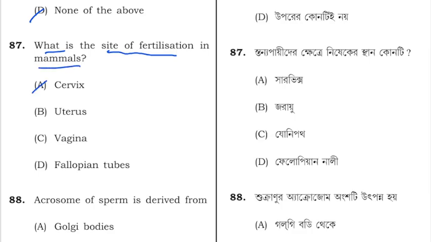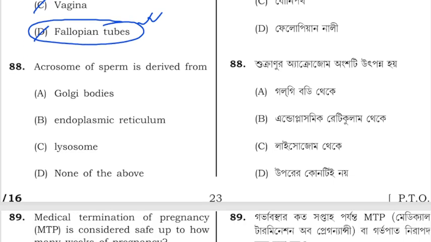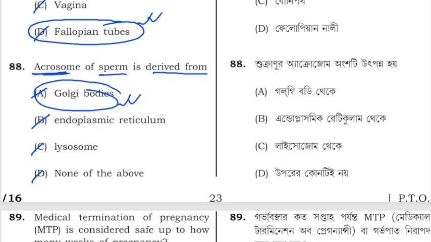Option A cervix, B uterus, C vagina, D fallopian tube. So in mammals, the fertilization takes place in fallopian tubes. Next question is, acrosome of sperm is derived from. Option A Golgi bodies, B endoplasmic reticulum, C lysosome, D none of the above. So this acrosome of the sperm is derived from Golgi apparatus. So option A is correct.